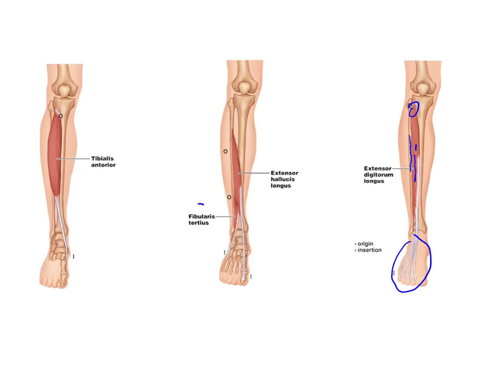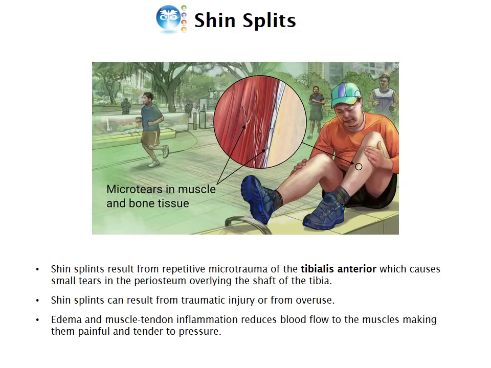The fibularis tertius muscle is a separated portion of this extensor digitorum longus muscle that inserts onto the base of the 5th metatarsal. It too contributes to dorsiflexion and also acts on the subtalar joint during eversion of the foot. It is absent in about 10% of the population.